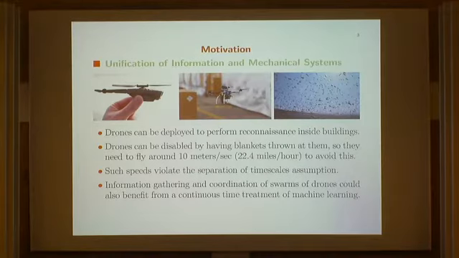So you fly on the order of about 10 meters per second, which corresponds to about 22.5 miles per hour. And this drone in the middle is capable of flying up to 45 miles per hour, so it's really twice as fast as that. So that's not atypical. And the main point is that when these drones are flying through buildings, flying past open doors, new information is coming to them at a speed which basically violates the separation of timescales assumption.